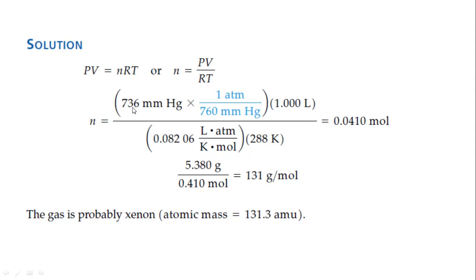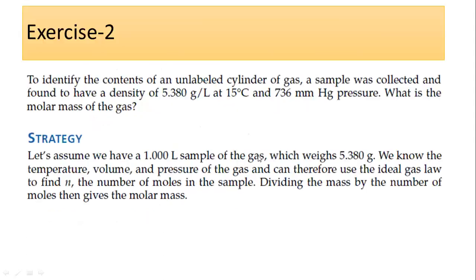So what is given over here? 736 mm of mercury. Again, by using the unit cancellation method, 1 atmosphere will be equal to 760 mm of mercury, and the mm of mercury is going to be cancelled out. What is left? Atmosphere is left. Now we are done with the pressure, and the volume is 1 liter. This is the value of the gas constant, and this is the value of the temperature.